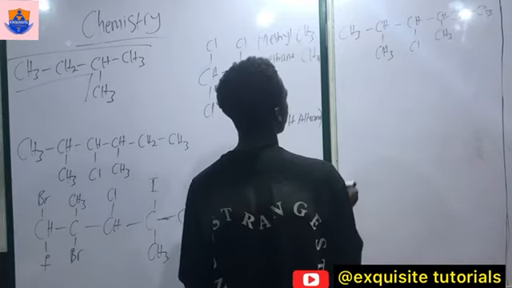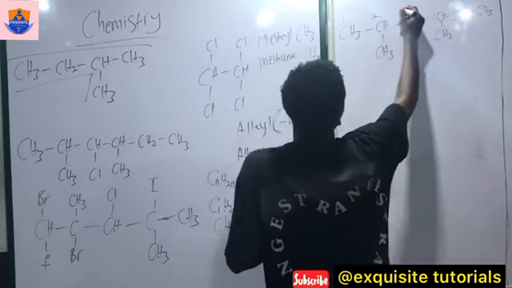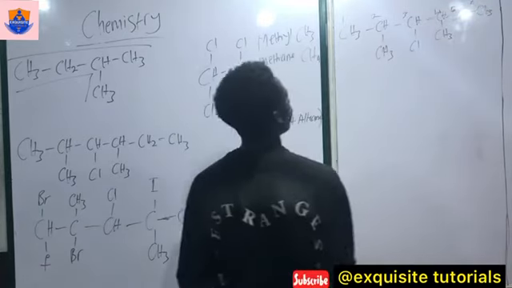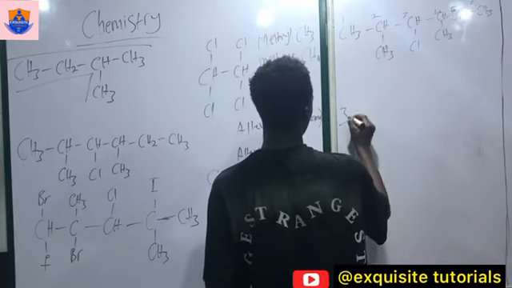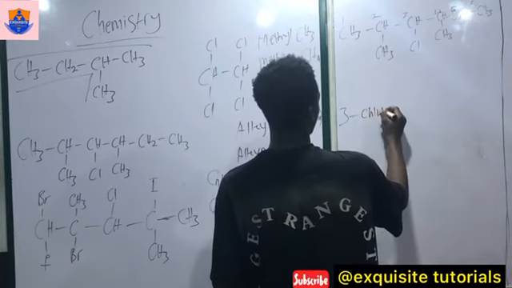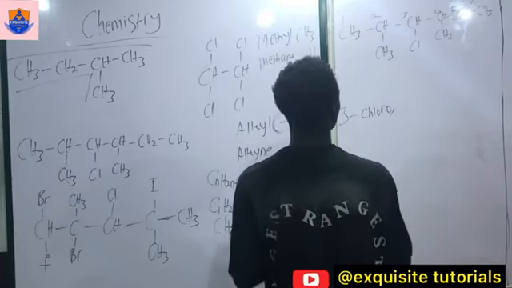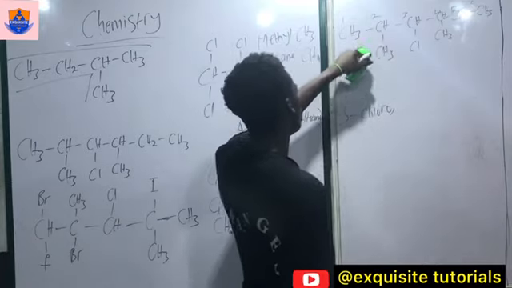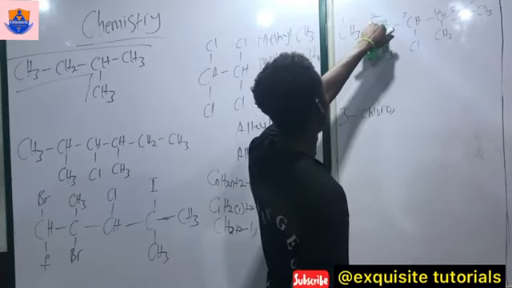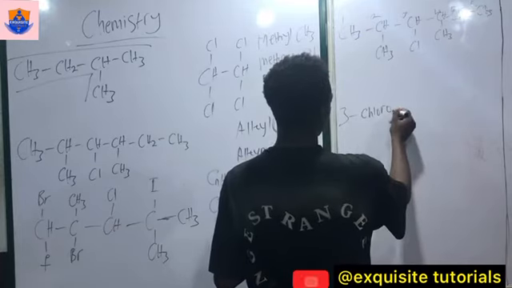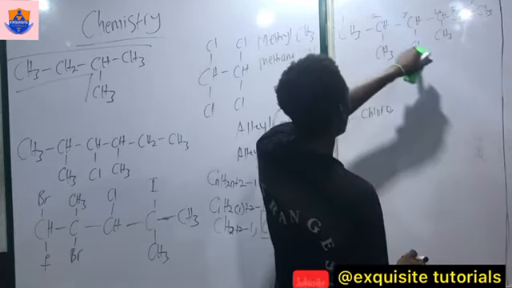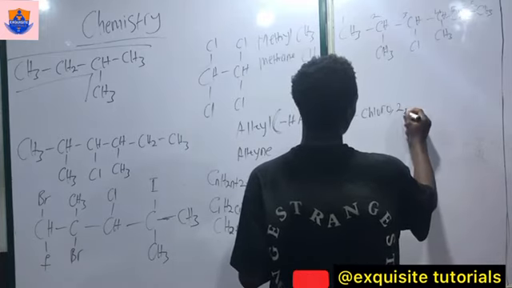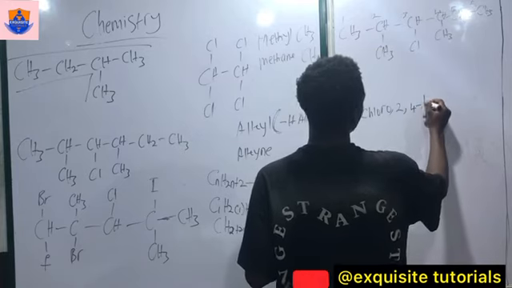Okay, so how do we name this? We name this as 3-chloro. Then we have a methyl here at 2, and also at 4. So we name it 2,4-dimethyl.